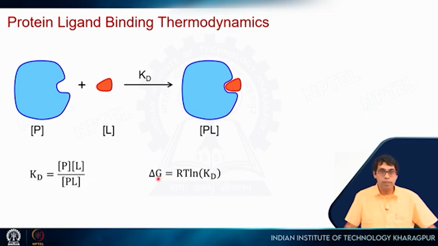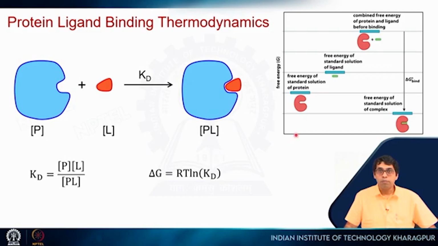So, delta G is the free energy, it equals RT ln Kd, where R is the gas constant and T is the temperature in Kelvin. Now, typically this Kd is converted to a dimensionless quantity for this equation, and we can see that if Kd equals 1, which means that the numerator and the denominator are equal, then ln Kd or ln 1 is 0, so delta G is 0.